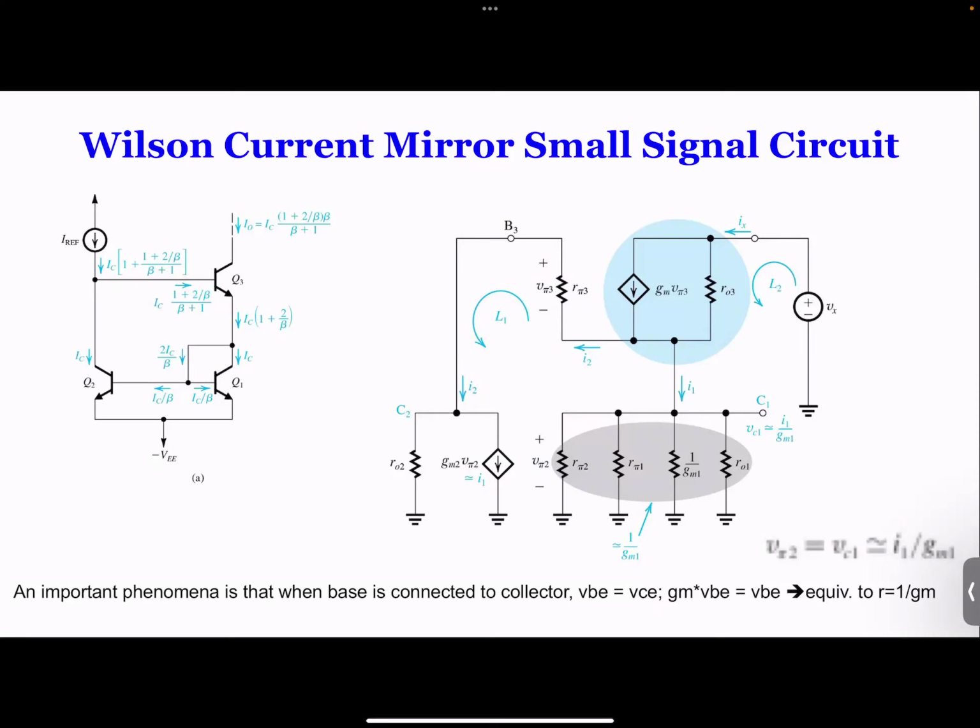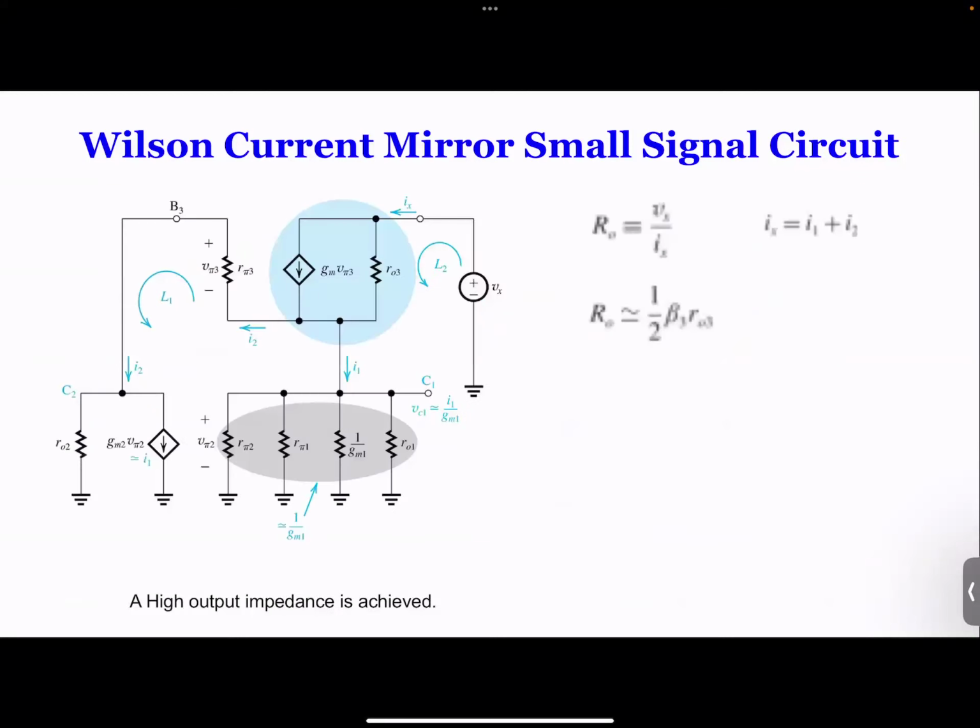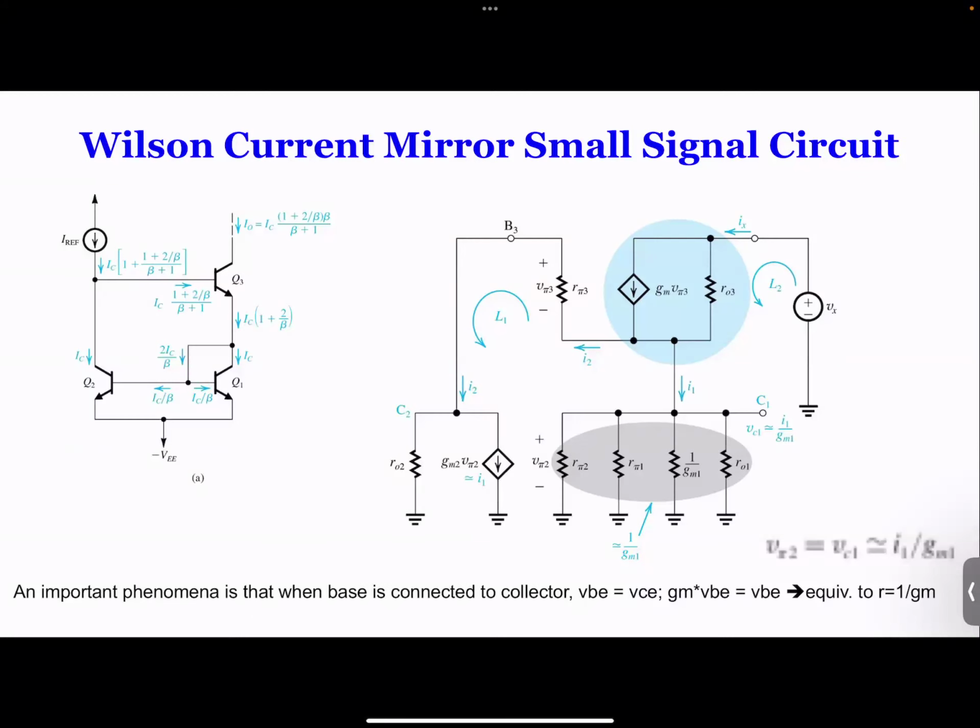The reason, of course, is not to figure out the little current on each branch. That's really not why we need the Wilson current mirror. The reason we need a Wilson current mirror is because it's going to increase the resistance. So in order to calculate the resistance, we need to draw the small signal circuit.